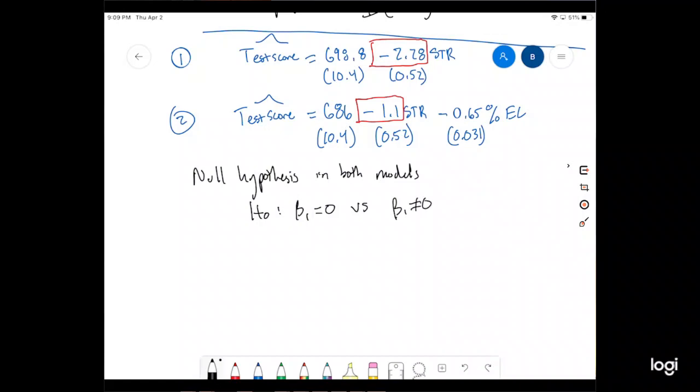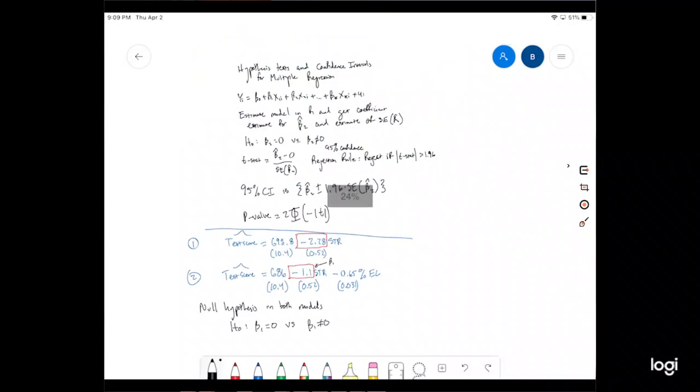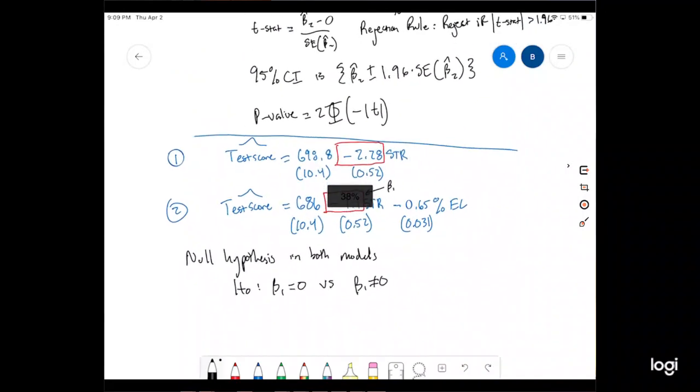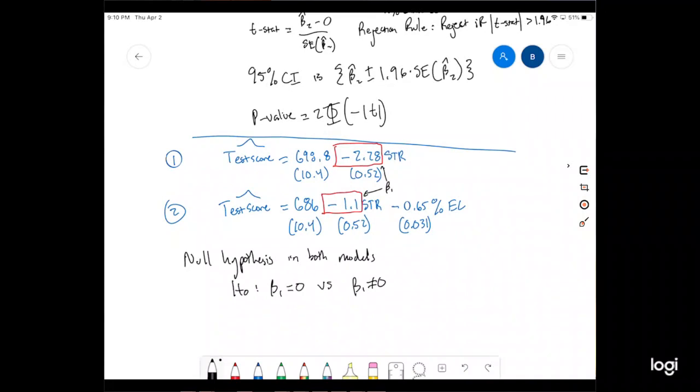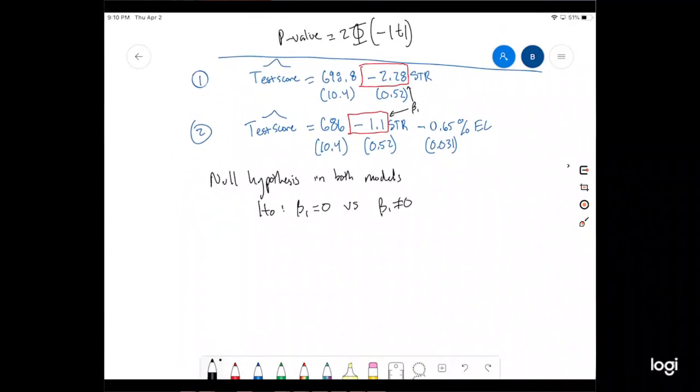Now, which one's beta 1? I should have written down the population model first, but beta 1 is the coefficient on student-teacher ratio. It's the first variable in the model, so it's beta 1.